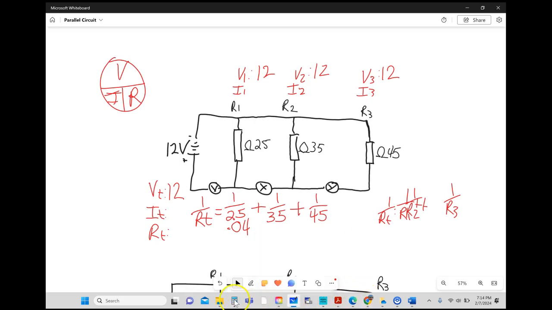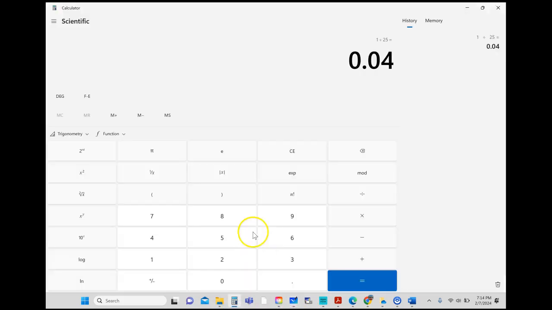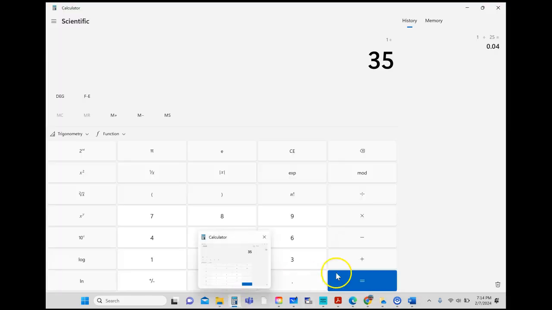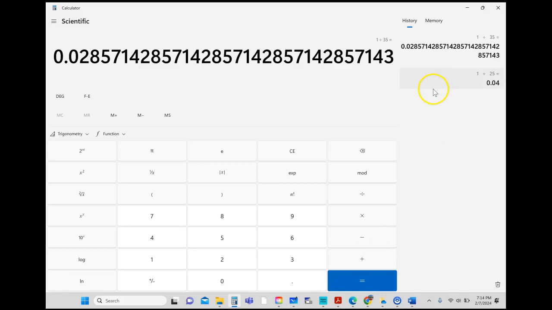There's some definite lag. The next one is 1 divided by 35. Clear that. 1 divided by 35 equals, all right, we're going to call that 0.029.